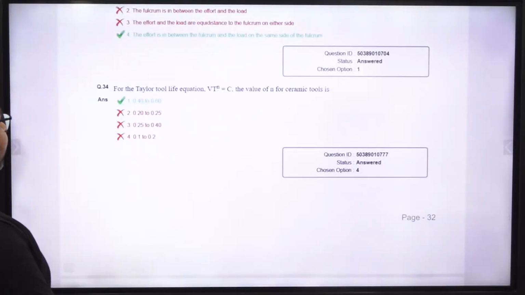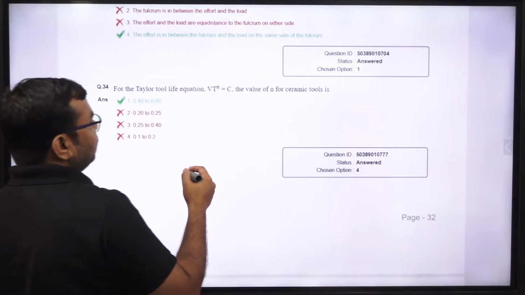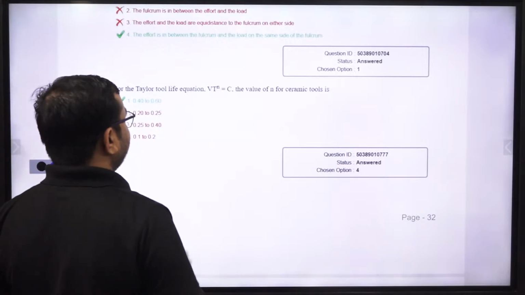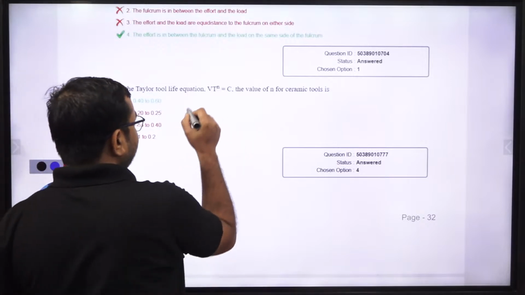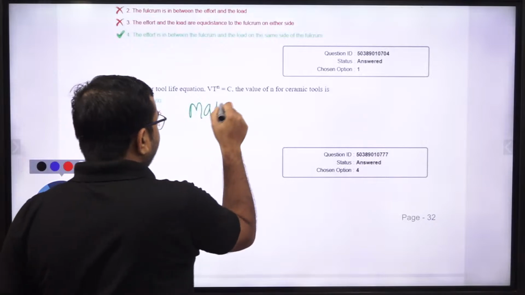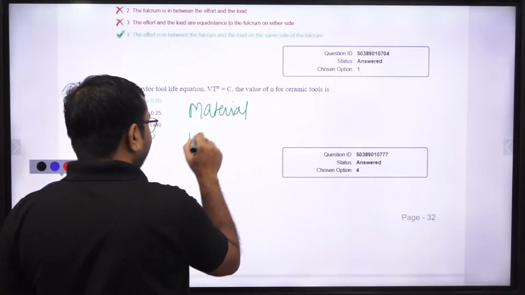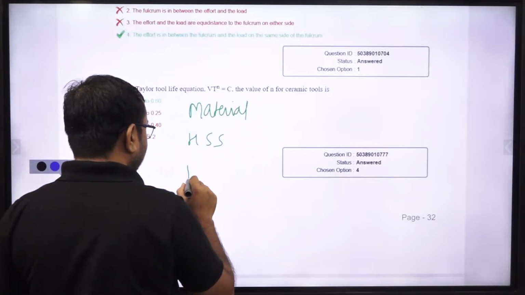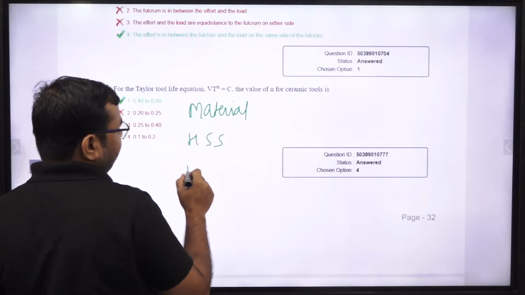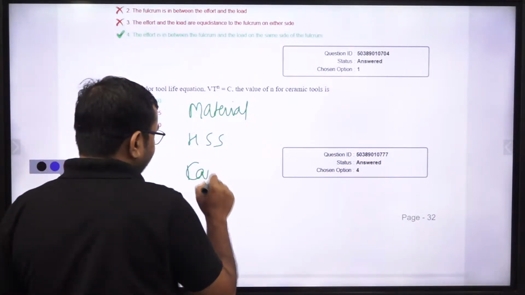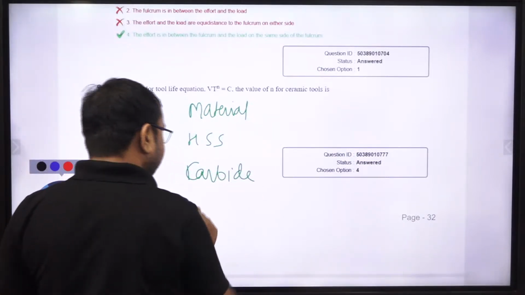The Taylor's tool life equation VT to the power n is equal to constant. The value of n for ceramic. So if I write material here, we have HSS, high speed steel, then carbide tools, carbides, and then ceramics.